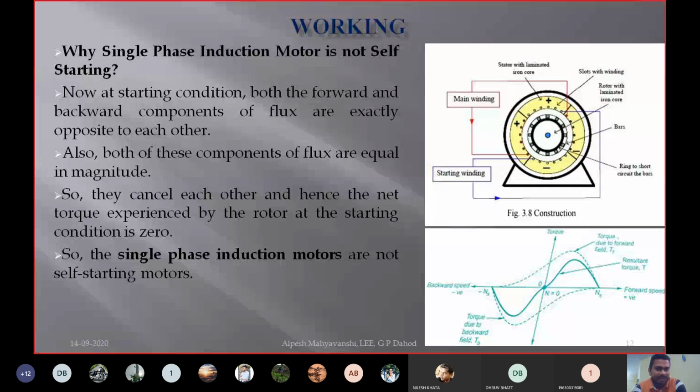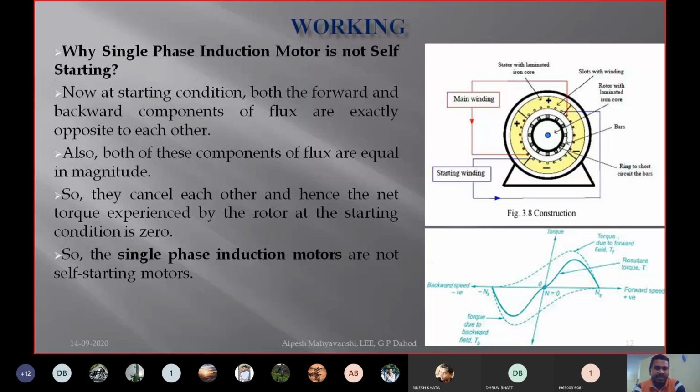At that time, this is the forward flux component and this is the backward flux component, and these two flux components are equal in magnitude and opposite in direction.